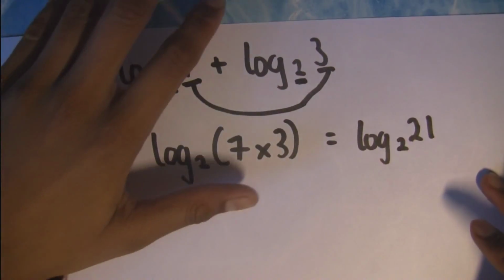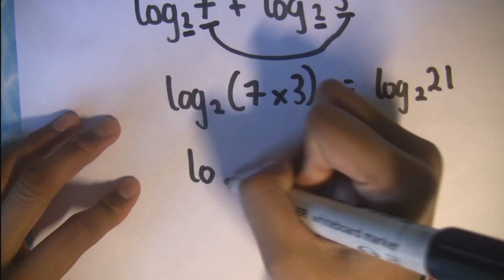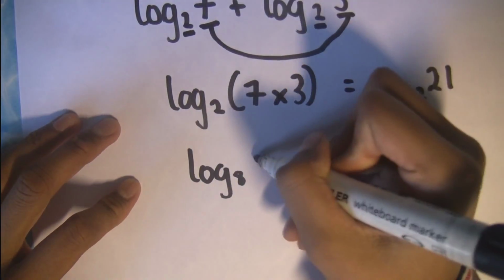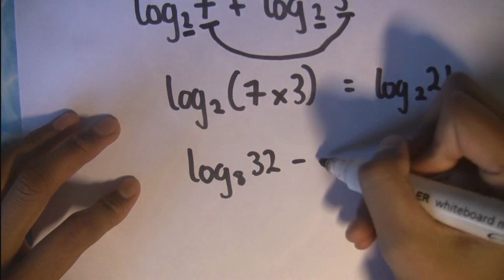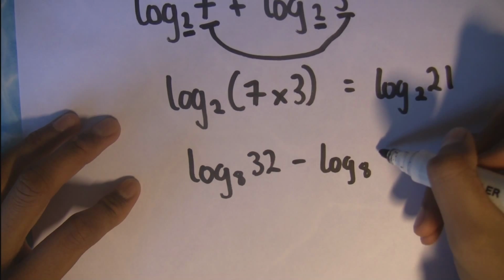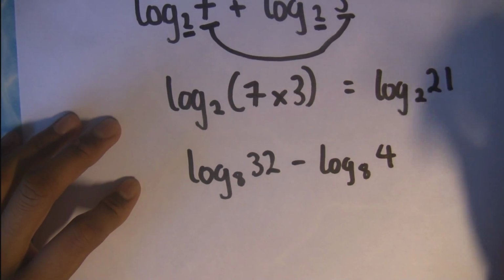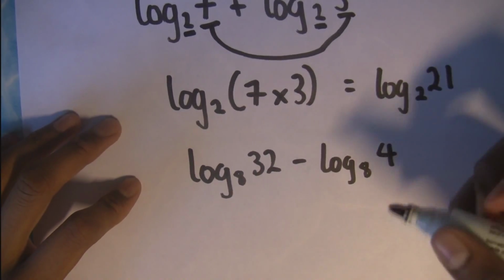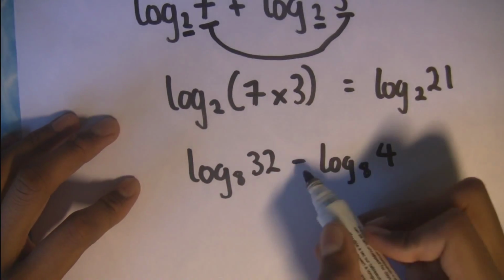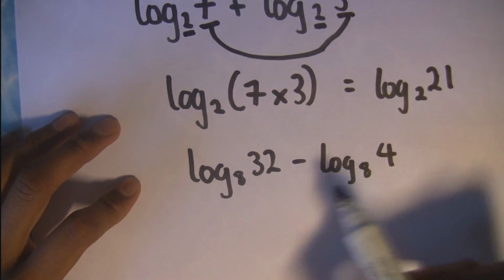Now this also works in reverse. So if you wanted to have log base 8 of 32 minus log base 8 of 4, and I wanted you to work this out, you could do this question without a calculator, because all you need to know is that because there's a minus there, instead of timesing like we did above, you're now going to divide.